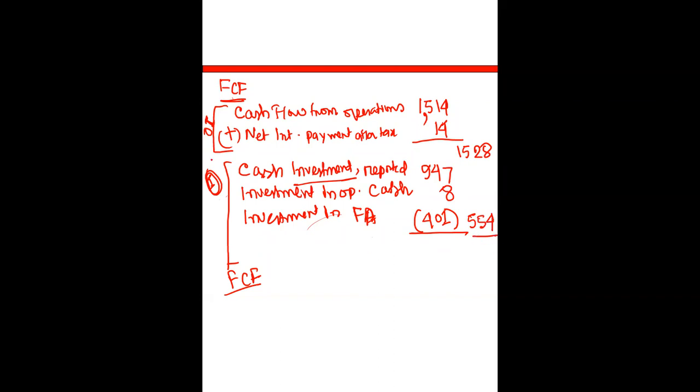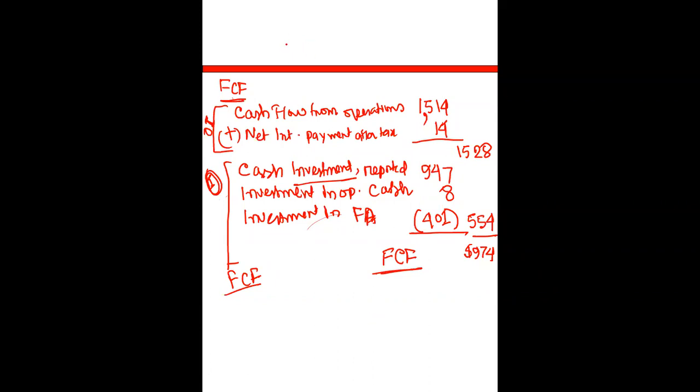Now, can you recall what we should do here? We should subtract the investment in operations from the operating cash flow of 1528. So what is the difference? 974. So this is the free cash flow. Okay.